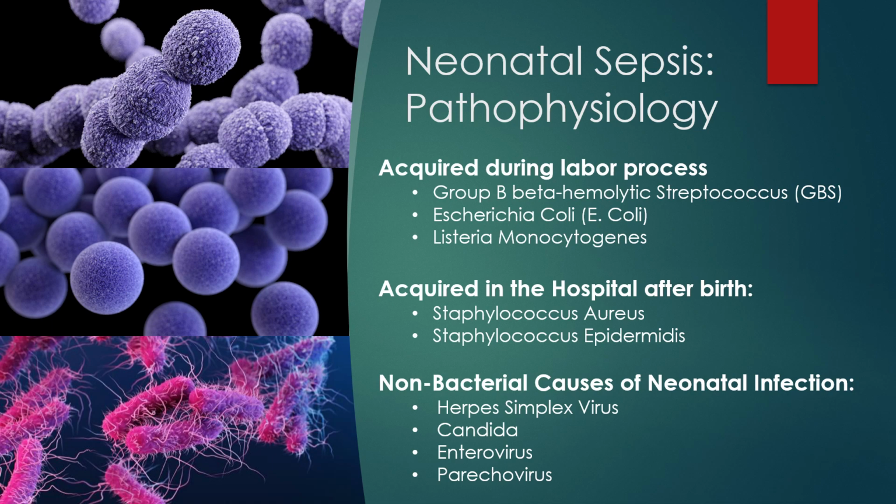One of those is group beta strep, or GBS. This is why it's so important to treat GBS positive patients during their labor with ampicillin or penicillin. It can have a profound impact on the health of the newborn. You can see here other microorganisms that can cause newborn infections and potentially sepsis if untreated.